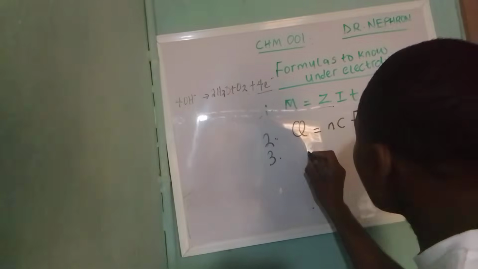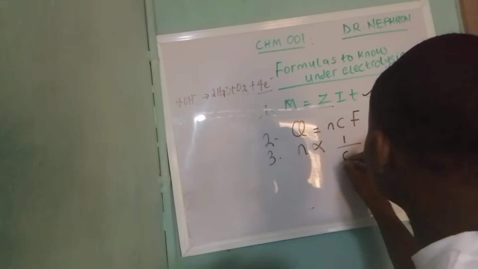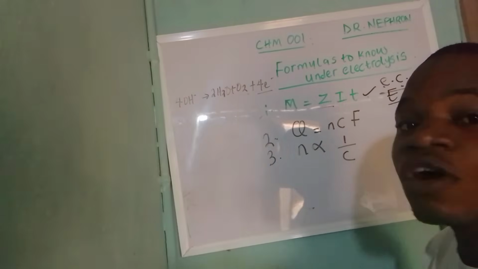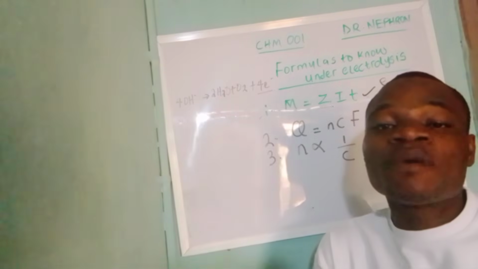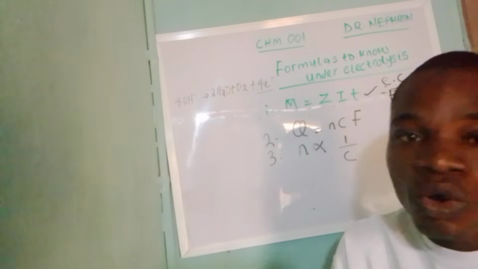That is, number of mole is inversely proportional to the charge of the elements. So from this statement, if I remove this sign, don't forget that anytime you remove the sign of proportionality, you insert your constant.